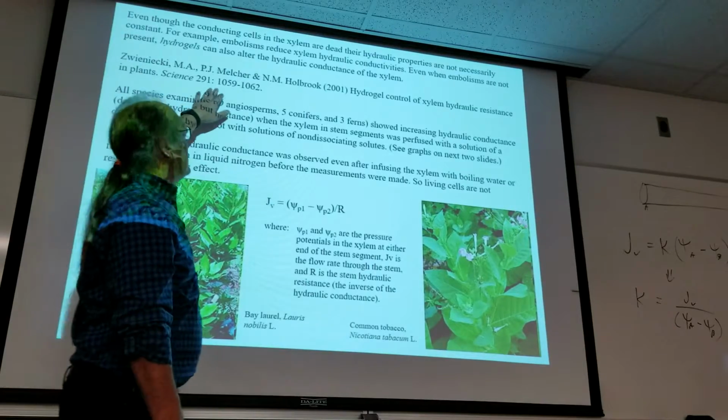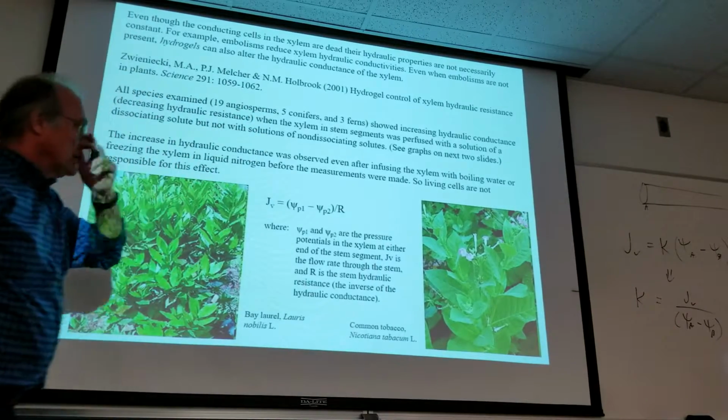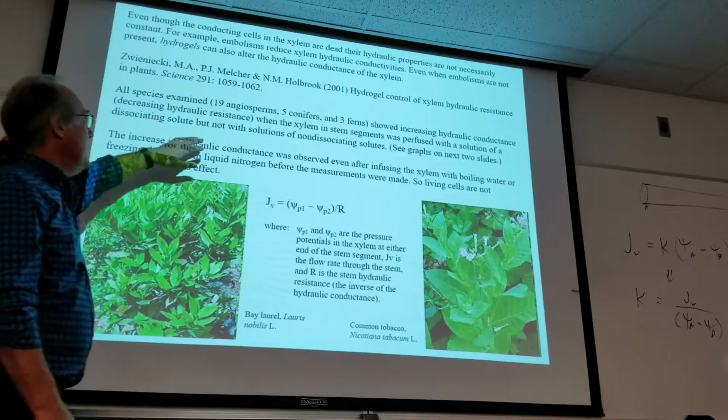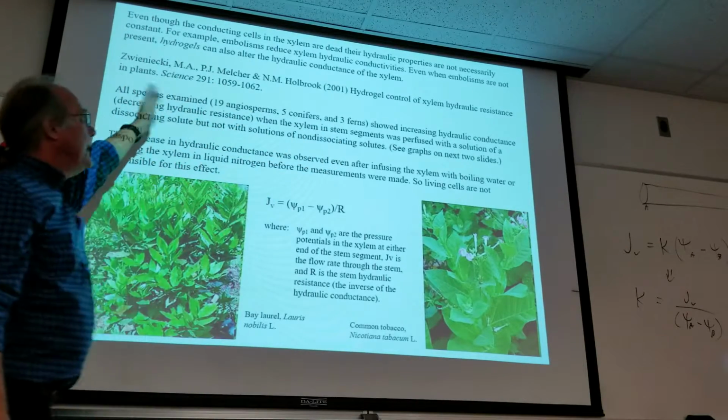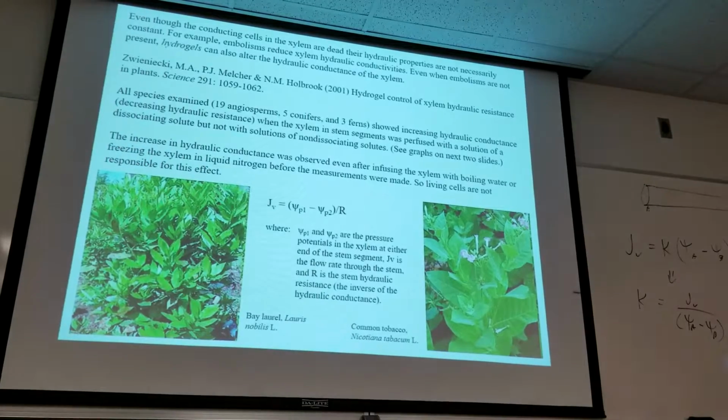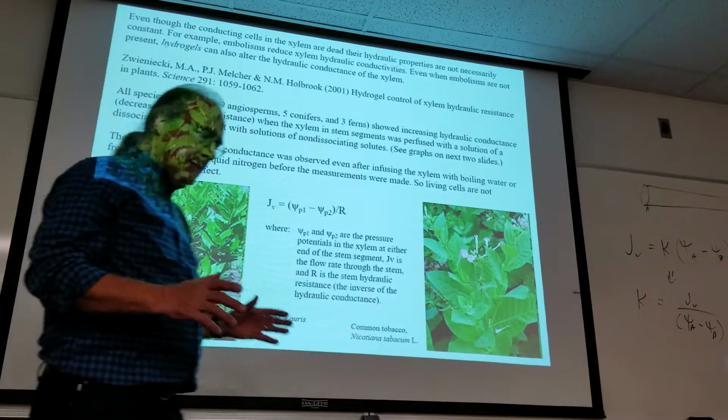And this paper in Science discusses some of that. They looked at 19 angiosperms, 5 conifers, 3 ferns, and showed that their results were similar for all of these species.